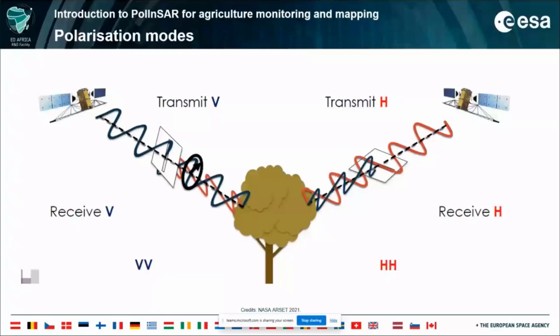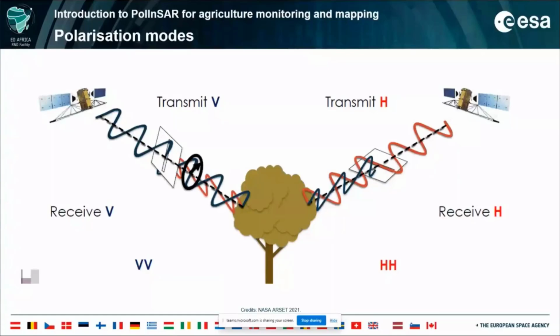The VH tells us that the wave is sent vertically but received horizontally. And then we also have HH and HV, which is exactly the opposite. So the transmit is linear horizontal and receive is linear horizontal for HH, and for HV, transmit is linear horizontal and receive is linear vertical.